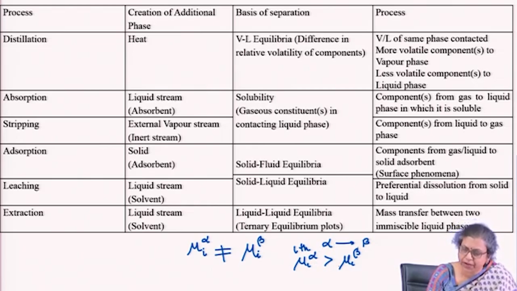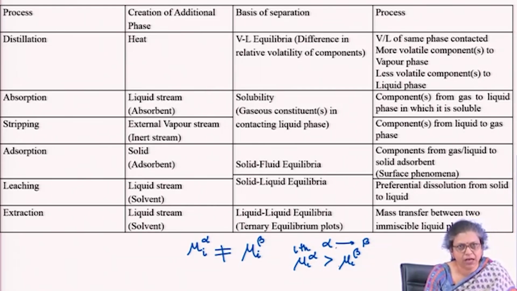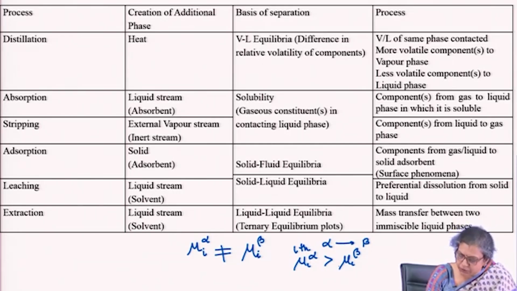So, the rate of mass transfer and how much mass transfer is going to occur depends on how different mu of component i in the alpha phase is as compared to mu of component i in the beta phase.